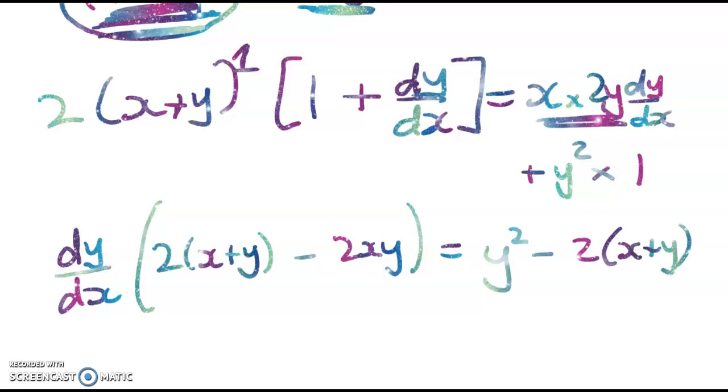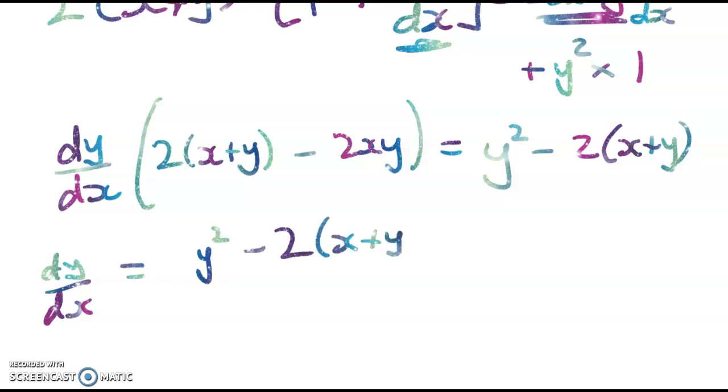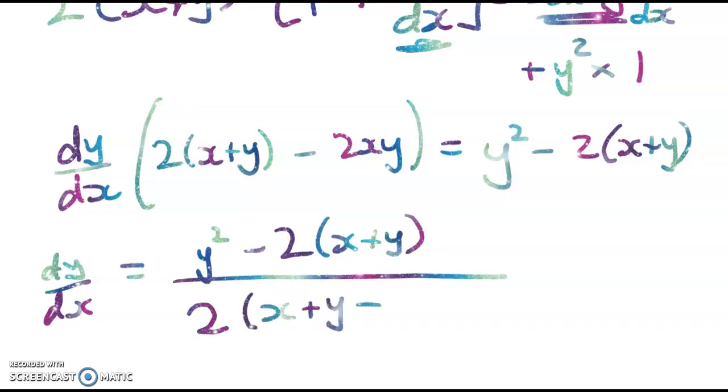So anything that's got a dy by dx in it stays on the left hand side and vice versa. You don't have to do it that way, it's just one way that you can do it. And now what are we going to get? Well, dy by dx will be y squared minus 2 times (x plus y) over 2 into (x plus y) minus xy.